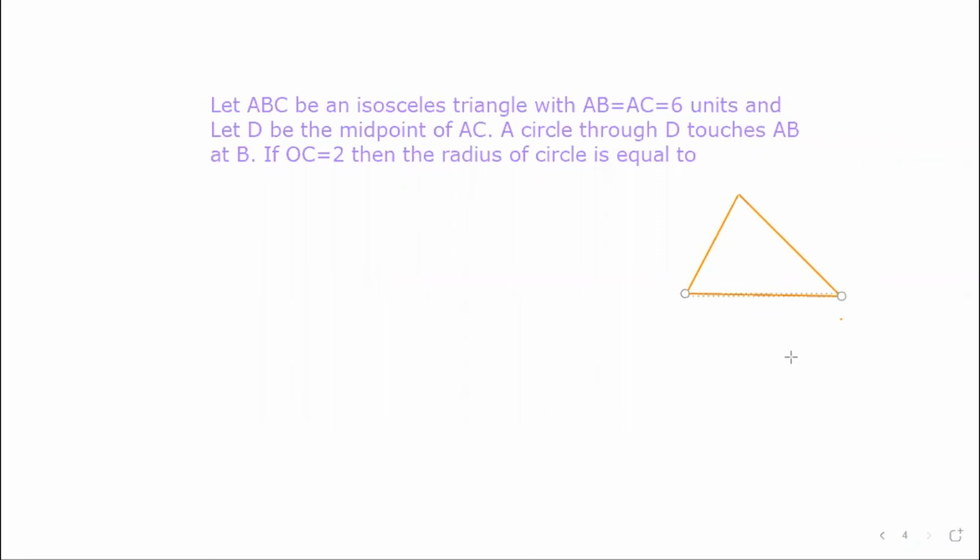There is a circle which passes through the midpoint of AC and also through B. Let's say this is A, B, C. Let the midpoint of this be D. Now we have to draw a circle which passes through D as well as touches the line AB at B.